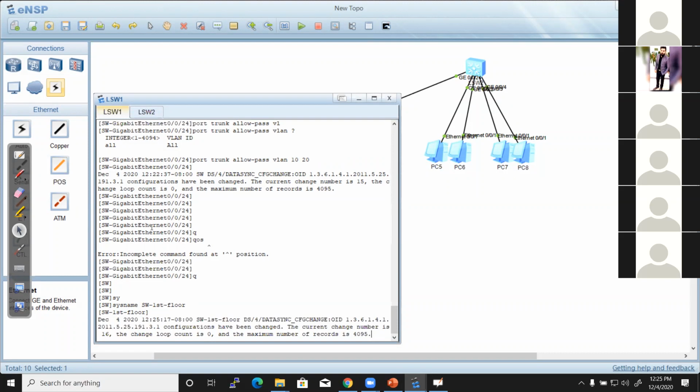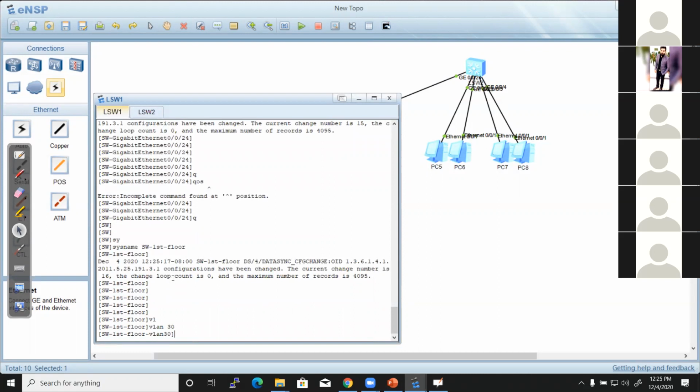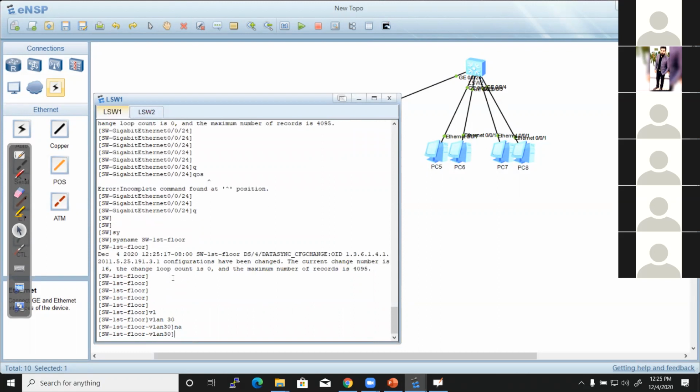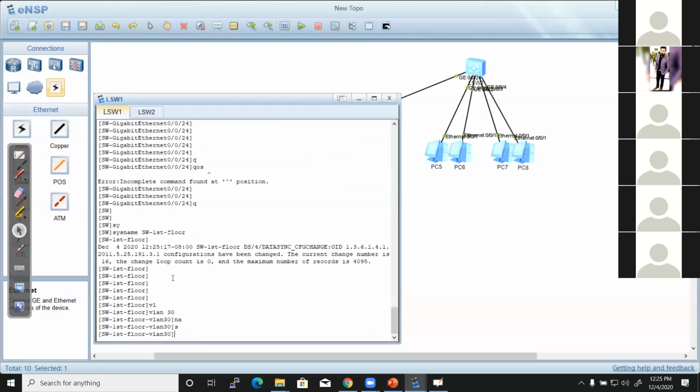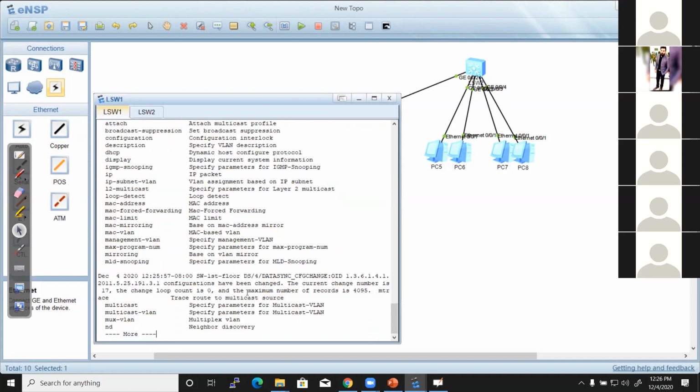But otherwise, there is no mechanism to differentiate which VLAN belongs to the first floor and which to another, because the VLAN ID is the same. So you can set the name of the VLAN as well. For example, if you create VLAN 30 and you want to give it a name, there is no name command in Huawei.